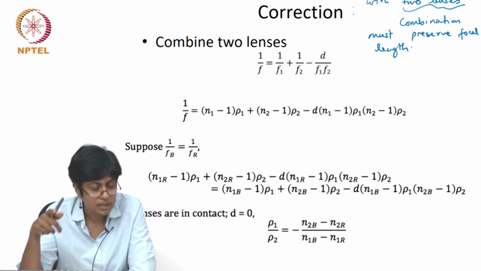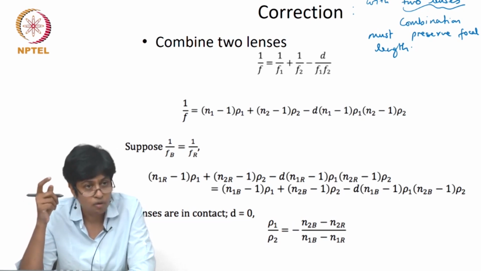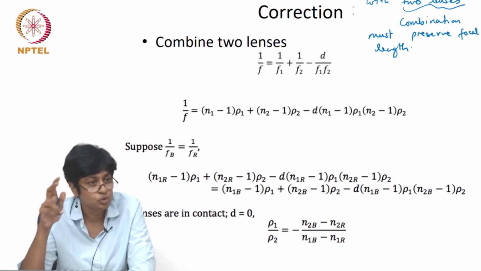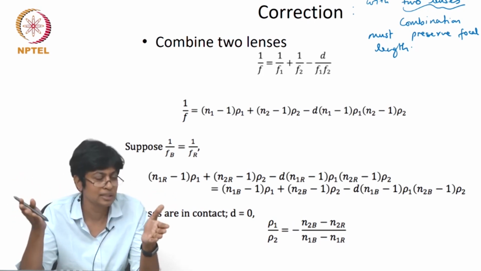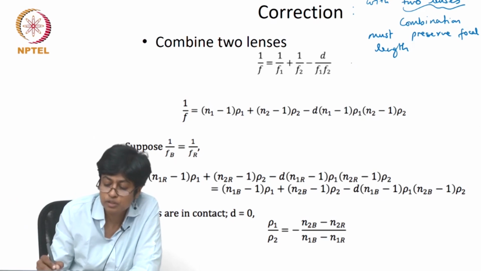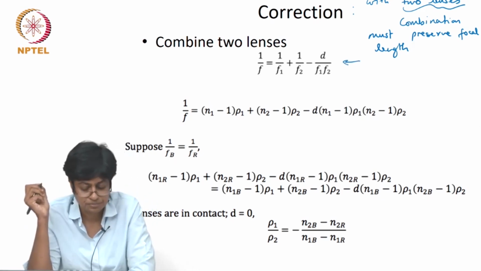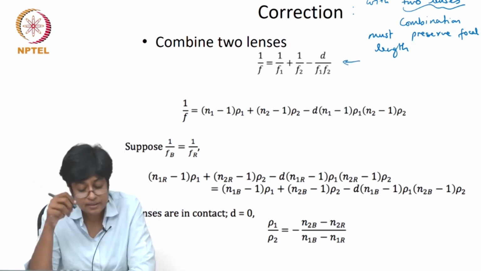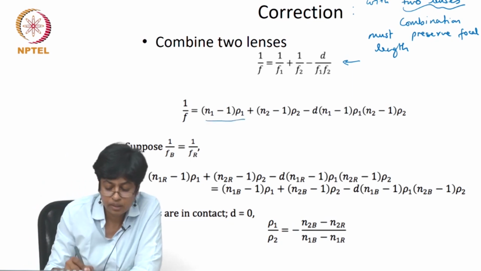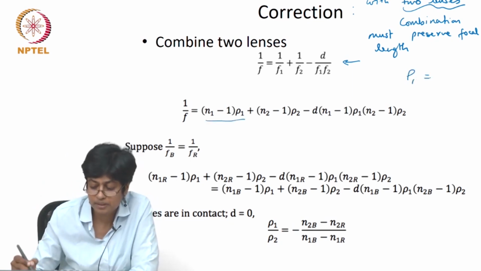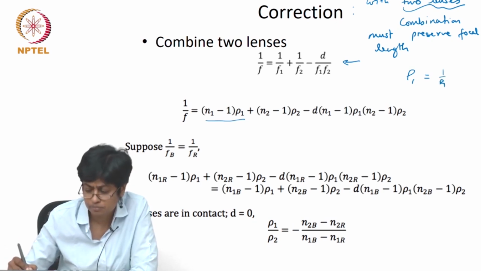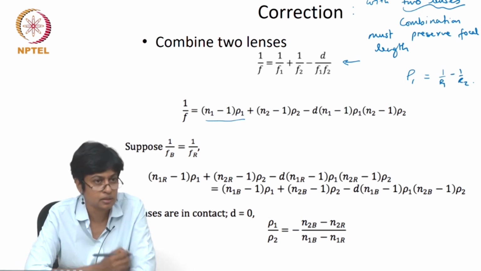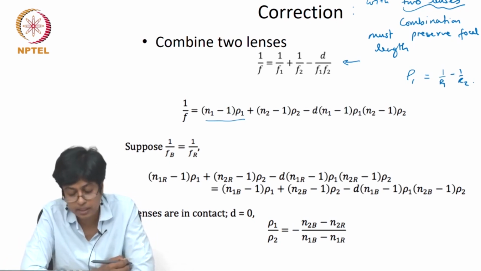Now, you can work out the focal length for a system with two thin lenses a distance d apart, and it is going to be this equation. I can write this in terms of the individual focal lengths, and this rho 1 is nothing but the shape factor, so it would be 1 by R1 minus 1 by R2.